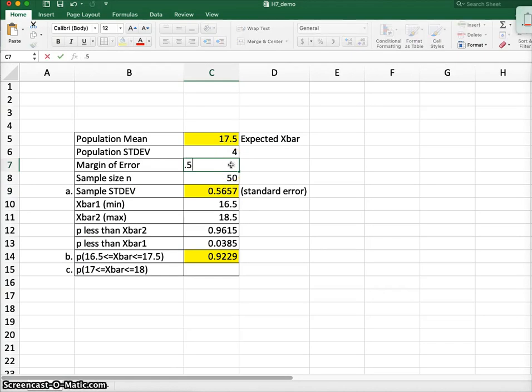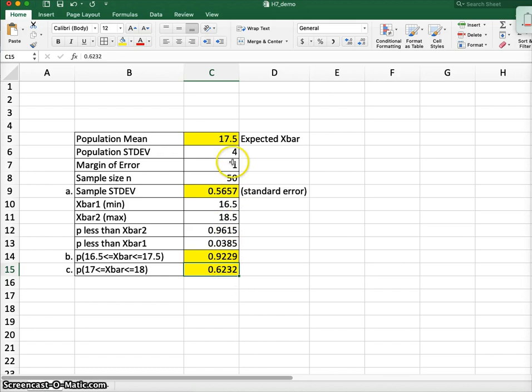Since I've already done the calculations, this shows a much smaller probability of 0.6232. I'm going to copy that down here, 0.6232. That's the answer to C. Then I'm going to go back and change this to 1, so that I have all my answers here without having to do the whole thing over again.